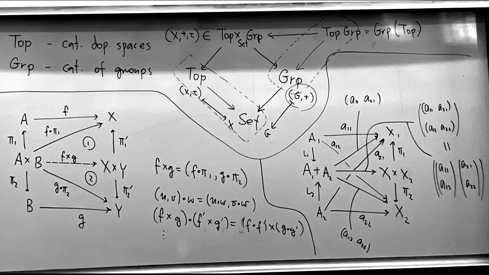So this one then will be the horizontal one, given by two maps, right? So this map and that map. So it will be A11, A21. This, on the other hand, will be A12, A22.